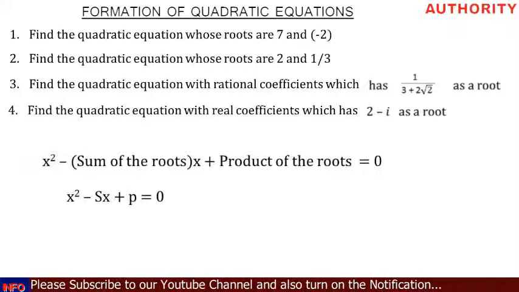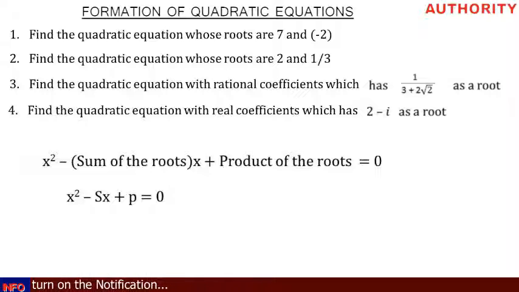So for us to form any quadratic equation, the formula we can use is x squared minus sx plus p equals 0, where s is the sum of the roots and p is the product of the roots. All right? Now let's go.